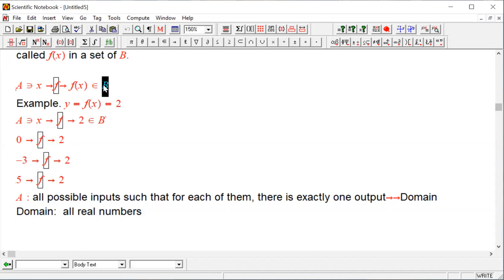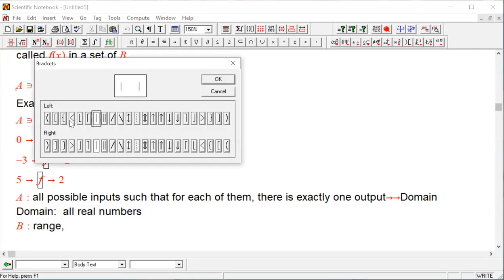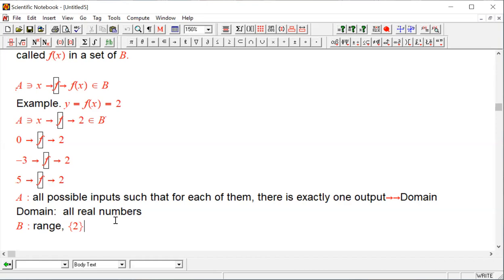Range is about B. For each input, we assign the value 2, which is certainly exactly one. So B will make the range. In our case, there's just one number in the range, so the range is made of only the number 2.